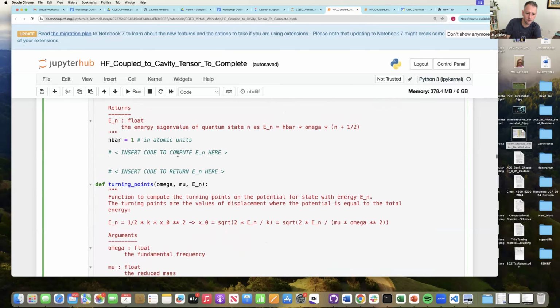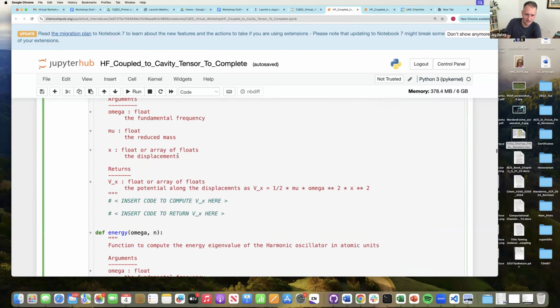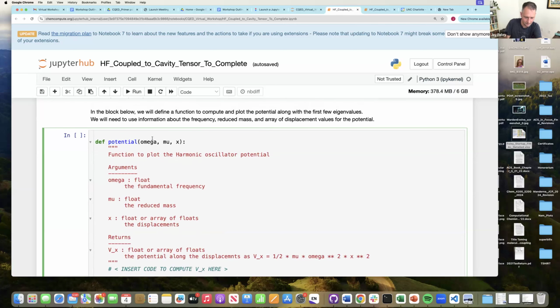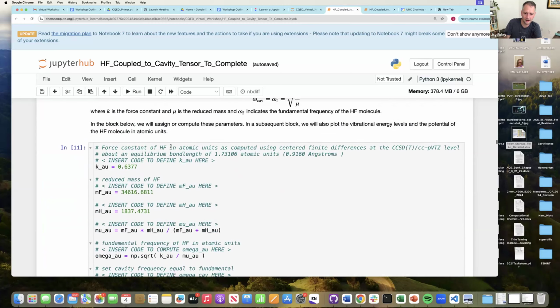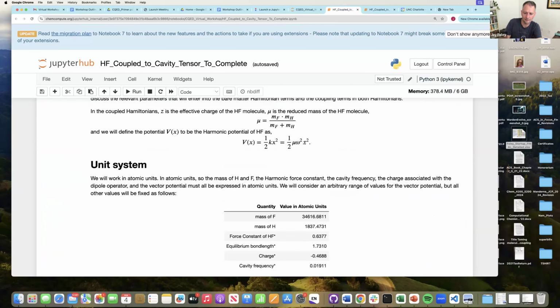Okay, so let's go up to the top of this new cell, where we have a function called potential. The potential is going to use this particular form, where you're going to pass it the reduced mass mu and omega, the frequency, and also a position, an array of position values.